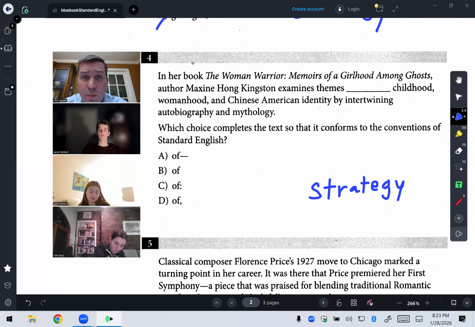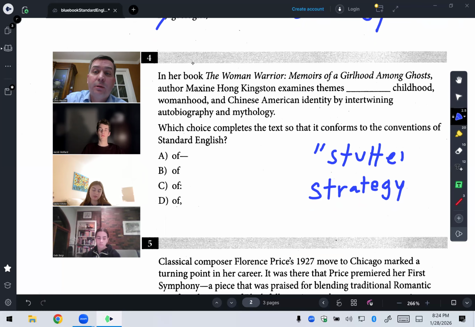In her book, The Woman Warrior: Memoirs of a Girlhood Among Ghosts, author Maxine Hong Kingston examines themes of childhood, womanhood, and Chinese American identity by intertwining autobiography and mythology. I'm going to try a strategy here. You guessed it. I'm going to give it a healthy pause. In her book, The Woman Warrior: Memoirs of a Girlhood Among Ghosts, author Maxine Hong Kingston examines themes of childhood, womanhood, and Chinese American identity?